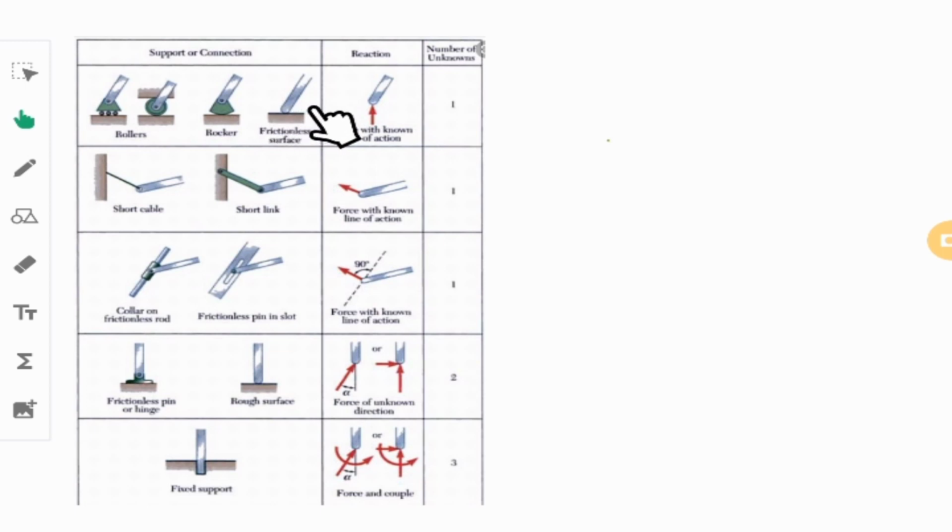Also, if you have a frictionless surface, you can do it easily, and there is no force here to prevent you from doing that. But if you start to move this guy upward or downward, it is impossible.